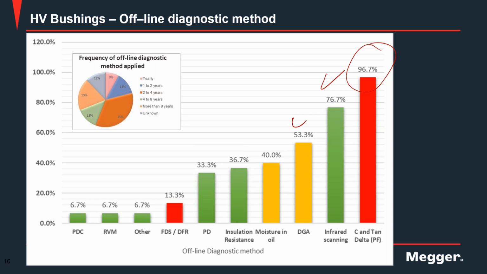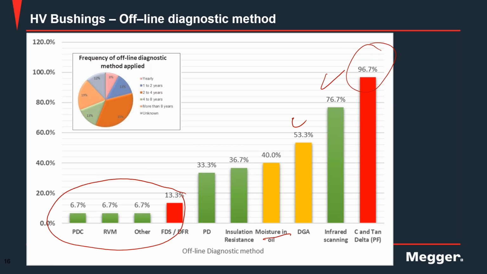And then, because there are lots of high voltage and extra high voltage bushings in the OIP world, you will see that DGA fits into the third category. A little bit lower below that, we have moisture in oil. And after that, we have different frequency and dielectric response methods that may add up to another 20%, 30% of the categories.